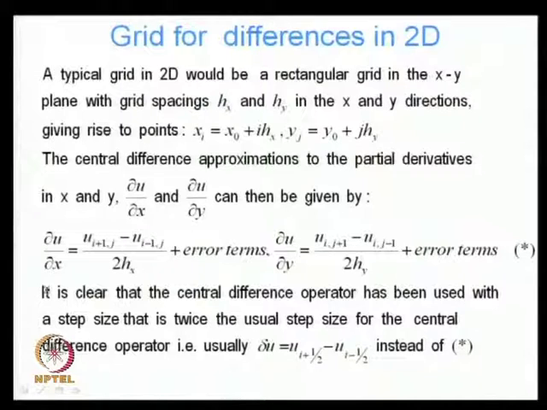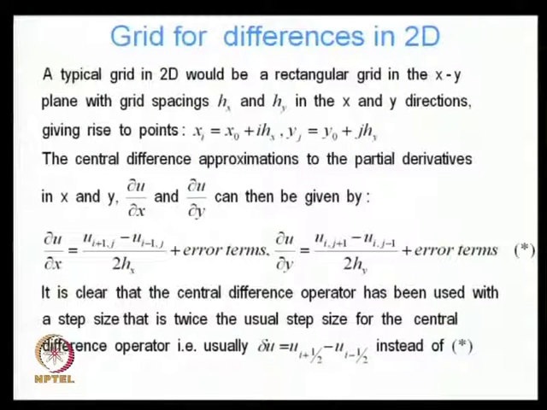Now, it is obvious that we have used the central difference operator, but note that we have used it with a step size that is twice the actual step size. Which is perfectly fine, there is no problem with that.